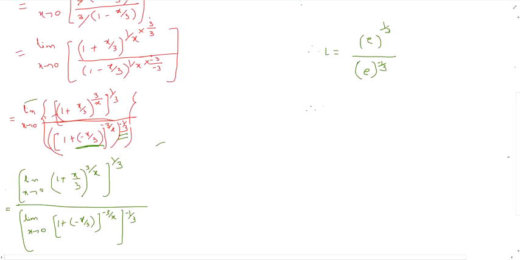So we have e raised to 1 by 3 into, we can take this term to the numerator, and when we shift it to the numerator, its index changes, negative becomes positive. And if the base is the same, then we can add the indices, that is L is equal to e raised to 2 by 3. So this is our required answer.